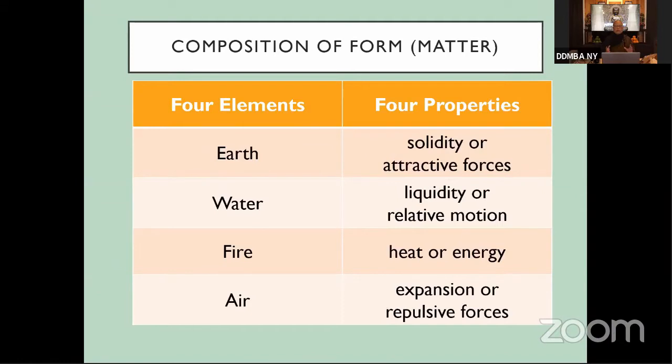So, for example, in our body, the bone and the teeth are major. The dominant elements are the earth and the solidity. So when we are aging, our bones become fragile and we lose our teeth. That's because we are losing our earth element. And water is the blood, the circulation of the blood.